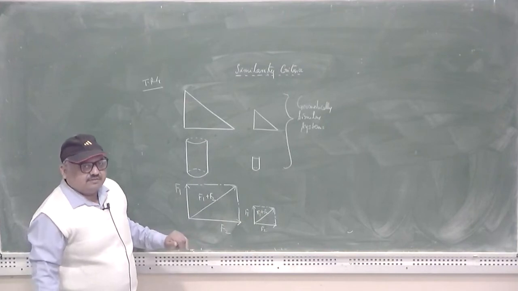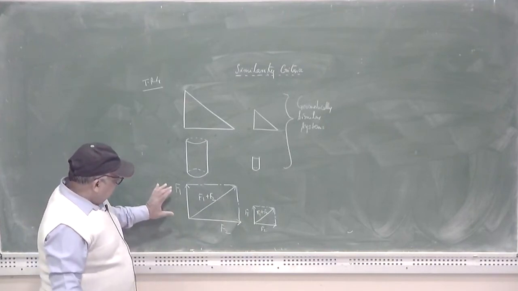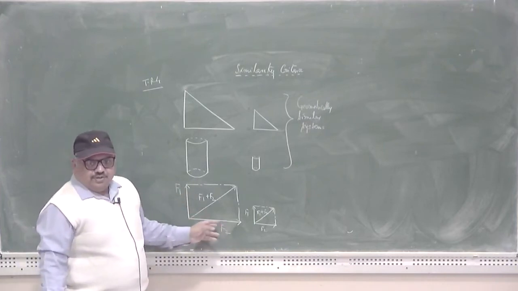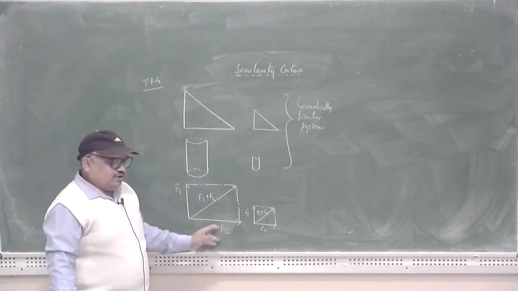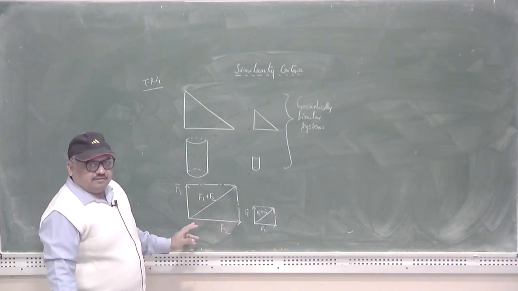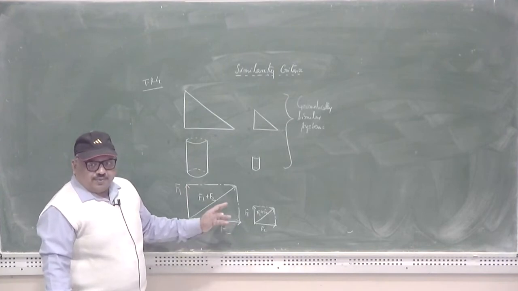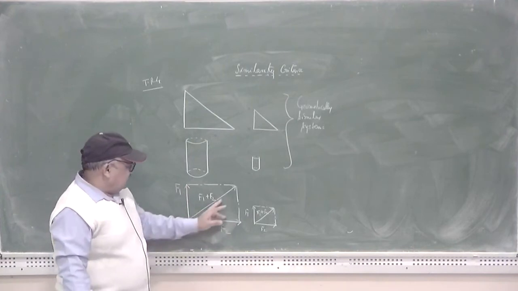That means you are taking the two forces F1 and F2 which are acting over an object, and you are representing F1 and F2 through the parallelogram law of force, and this is the resultant.